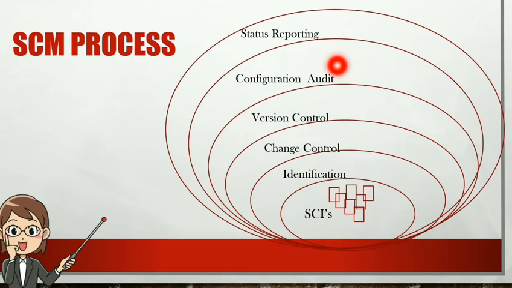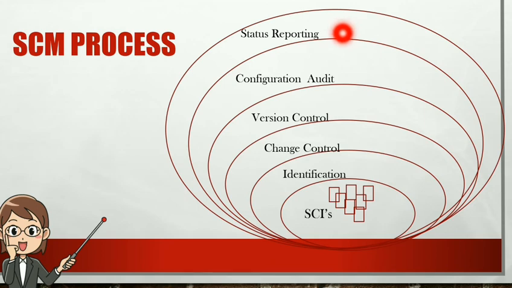So these are the questions that are addressed in the configuration audit. Whereas configuration status reporting is an SCM task that again answers some questions. What happened? Specify the changes made, that means whatever changes we have completed, we need to report. Who did it? That means specify the person or authority responsible for approving the changes.